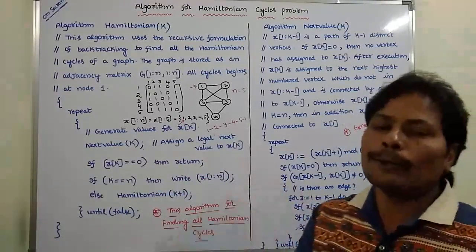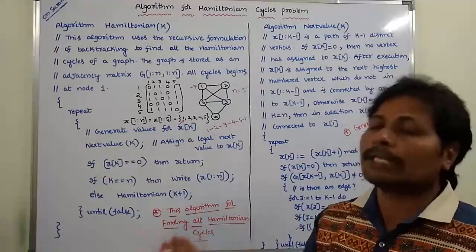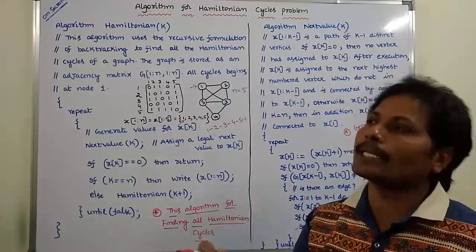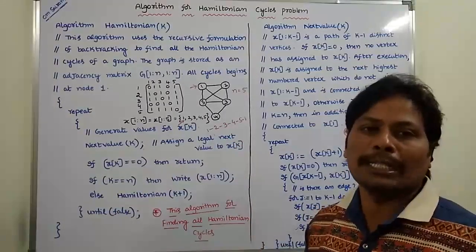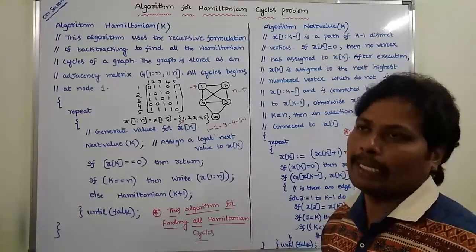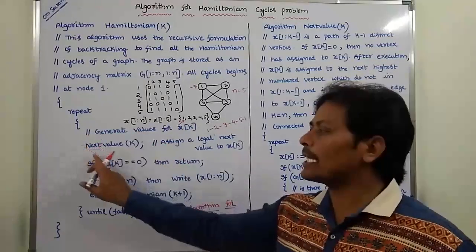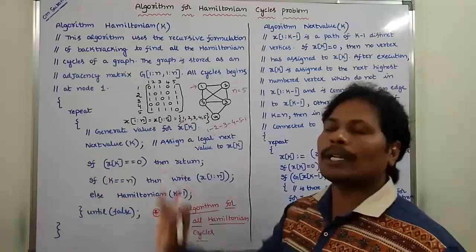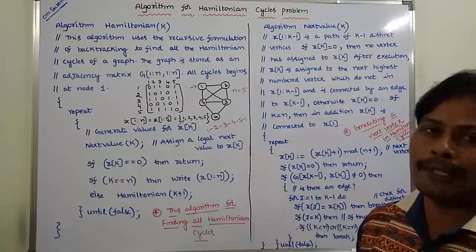Then we have to find the next value of k. That means vertex 1 is connected to which vertex in the Hamiltonian cycle. That vertex value can be calculated by using this function, next value of k.